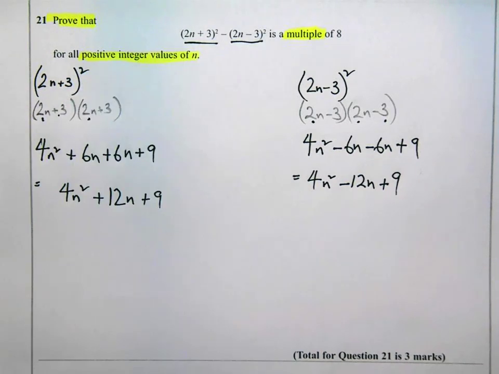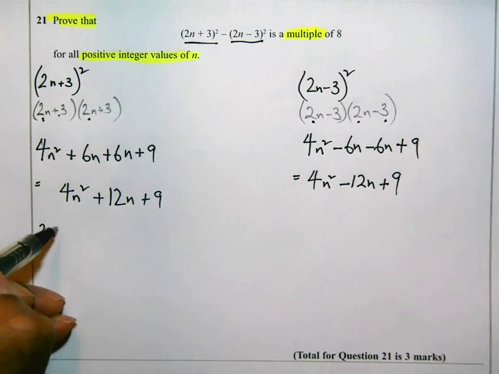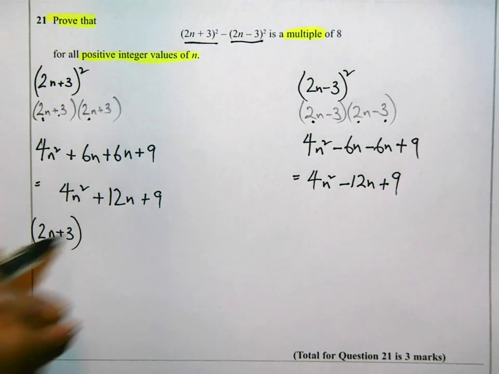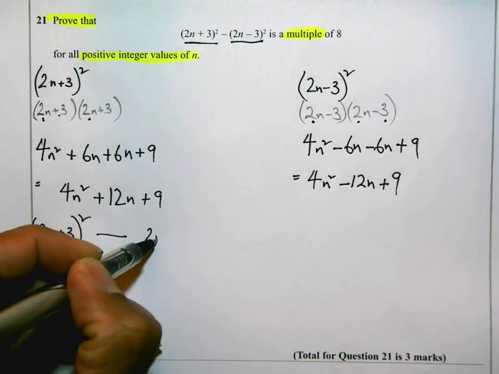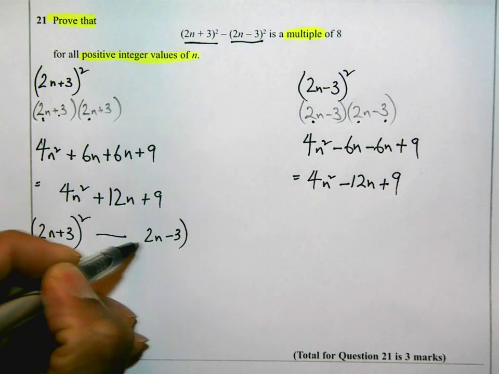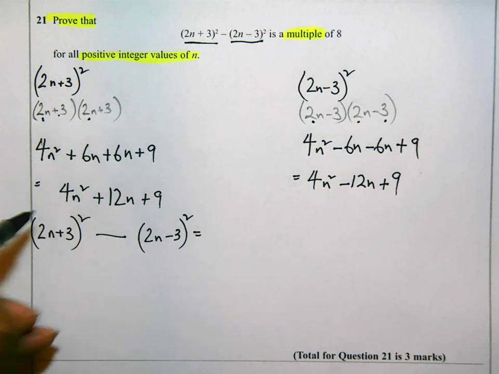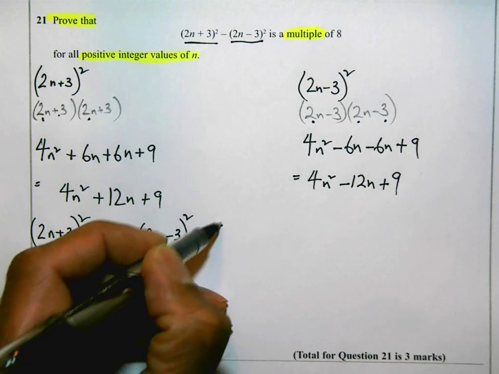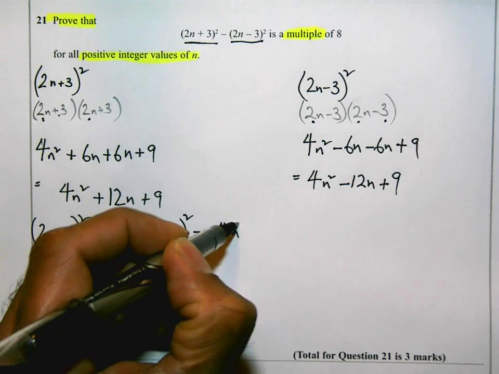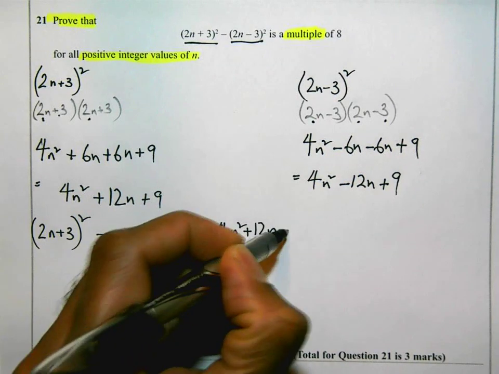Now the whole expression is (2n + 3) all squared take away (2n - 3) all squared. So I want us to think about that. First part is (2n + 3) all squared, that's 4n squared plus 12n plus 9.